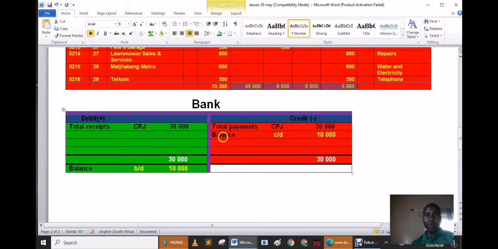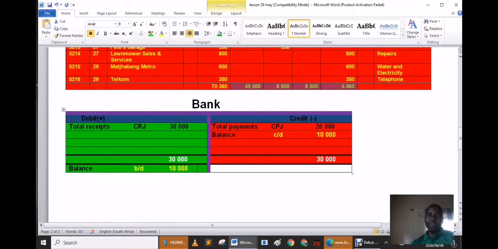The figure that we get, we call it balance carried down. And then in this case it was 10,000, and then we start a new month, which is going to be balance brought down. So the same amount that we ended up with is the same amount that we are going to start the next month with.